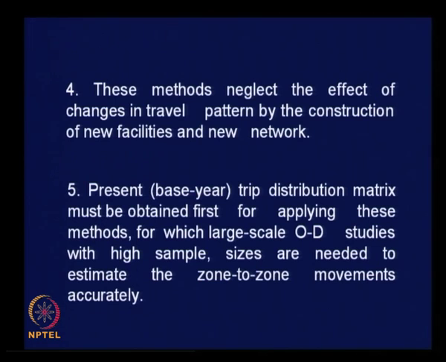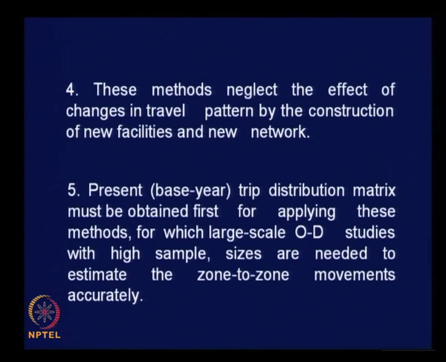Then, the present or base year trip distribution matrix must be obtained first for applying these methods, for which large scale origin destination studies with high sample sizes are needed to estimate the zone to zone movements accurately.